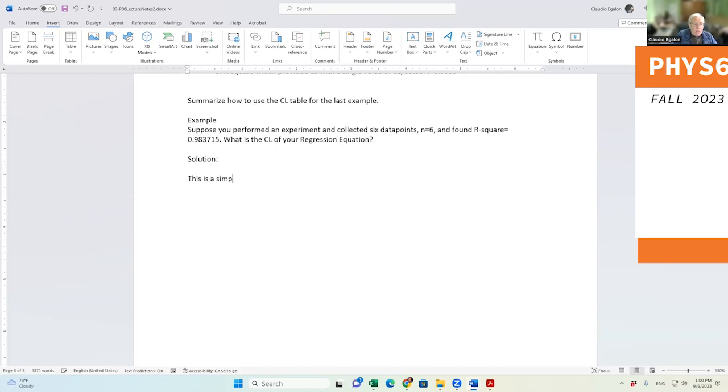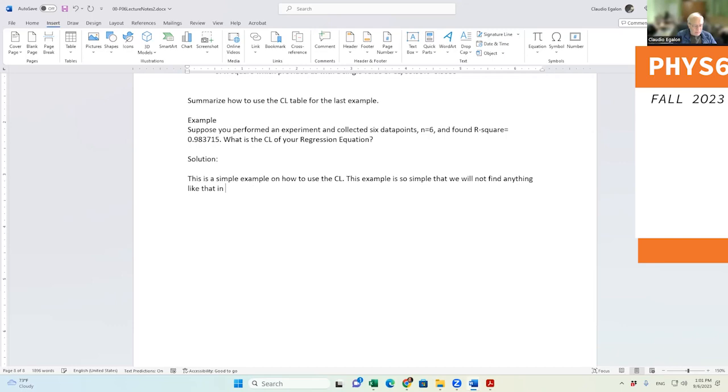This is a simple example on how to use the CL table. This example is so simple that we will not find anything like that in real life.